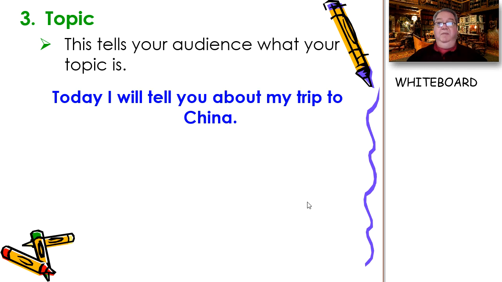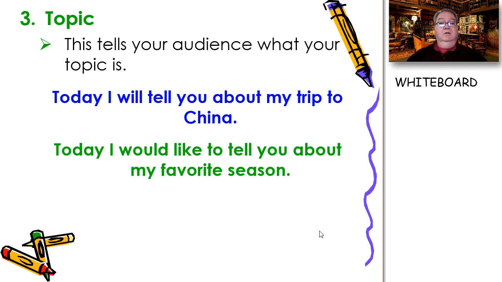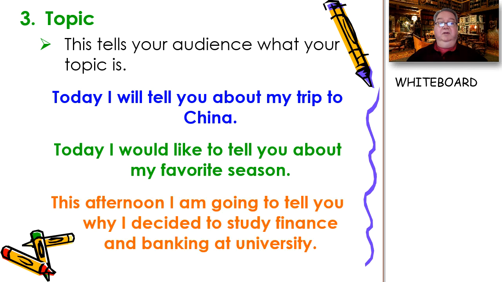Today I'll tell you about my trip to China. Today I'd like to tell you about my favorite season, and this afternoon I'm going to tell you why I decided to study finance and banking at university. So these are the three topics we were looking at. Three different presentations and different colors here: the blue one, the green one, and the orange one.